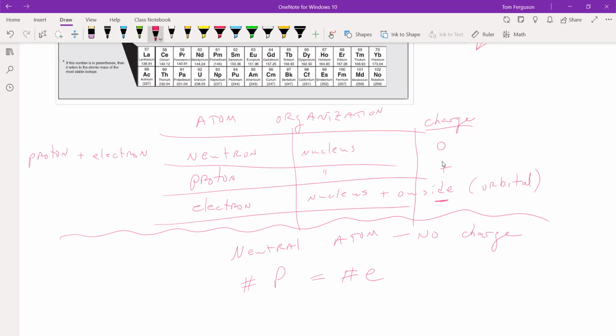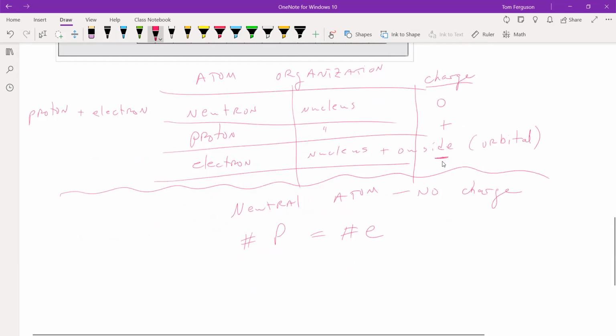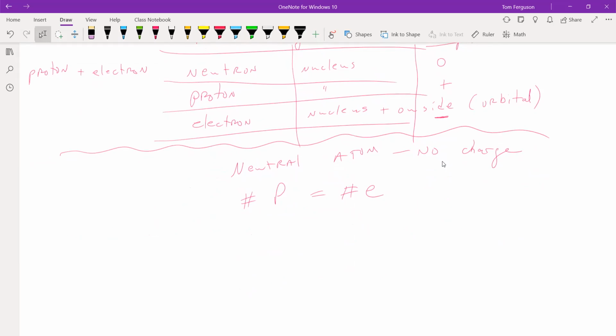Okay, so what if it's not neutral? Then we have something called an ion. So now we have the number of protons does not equal the number of electrons. Hence, there's an imbalance of charge either on the positive side or the negative side.